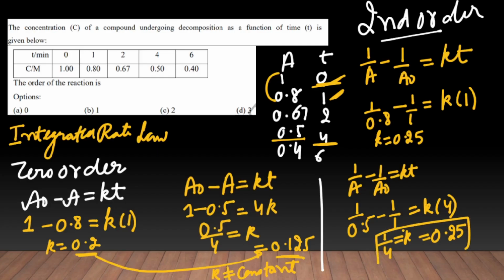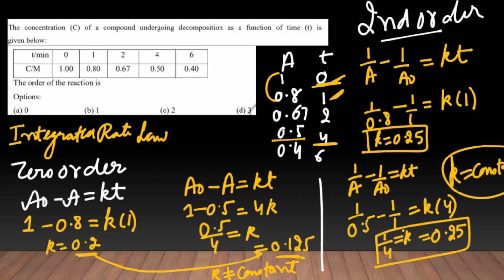So we are seeing here that the rate constant k is 0.25 and here also it is 0.25, which means that the k value is coming out to be constant in this case, which means the reaction is of second order kinetics. So option C becomes the correct answer.